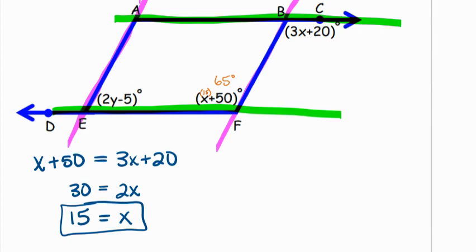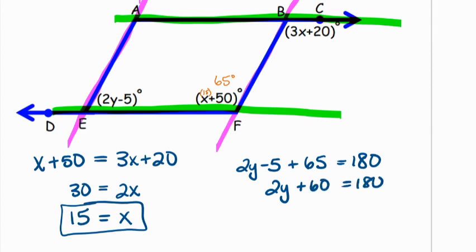So I'm going to set up an equation to say my 2y minus 5 plus, and I'm going to use my 65 because I plugged in the 15, should add up to 180. And then we can simplify. We get our 2y should equal 120. So y should equal 60.